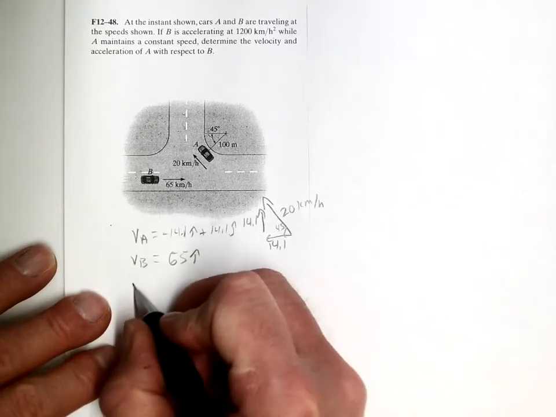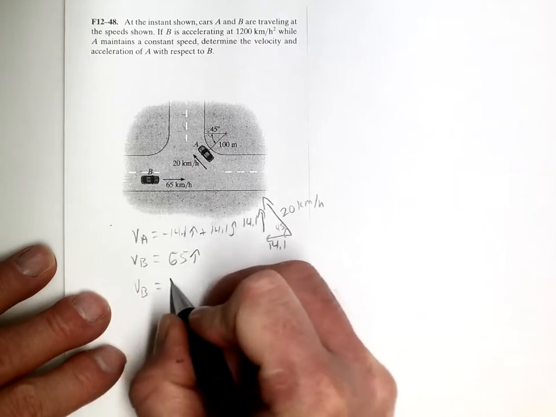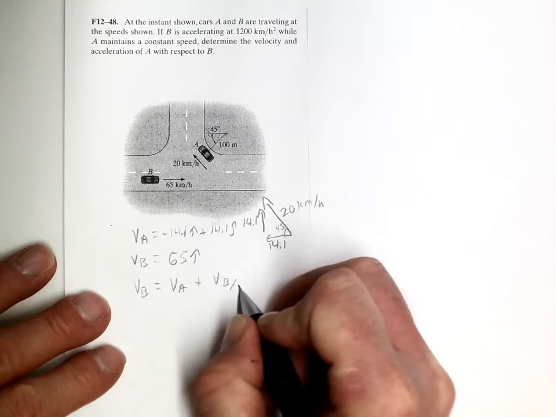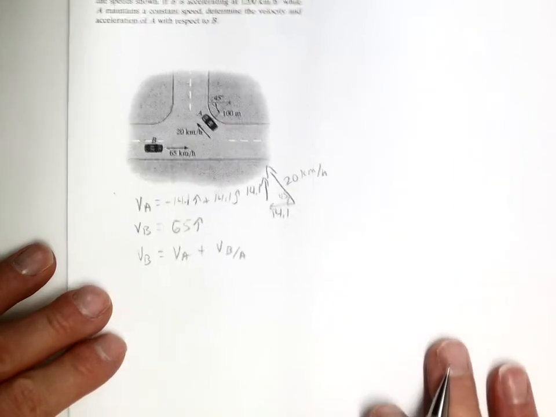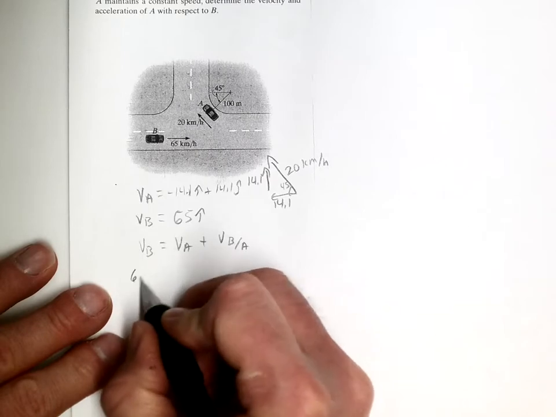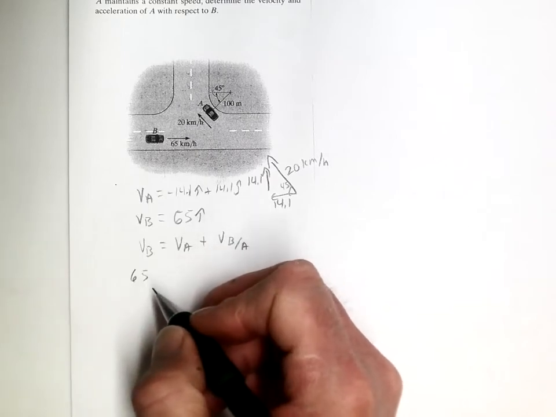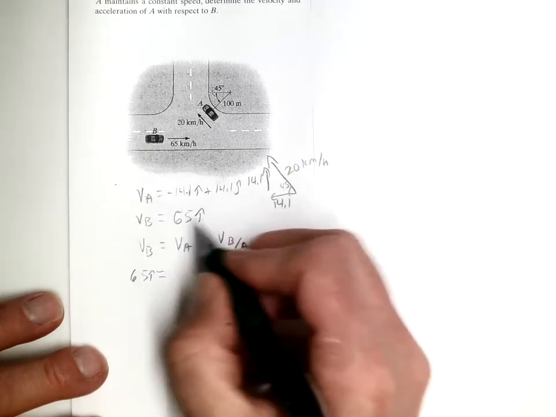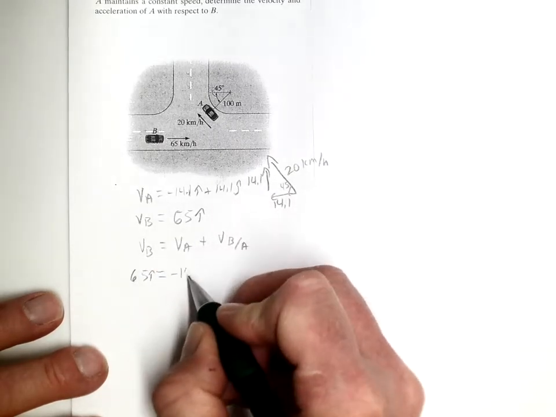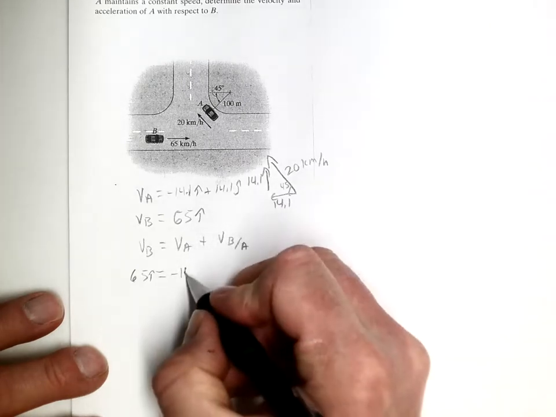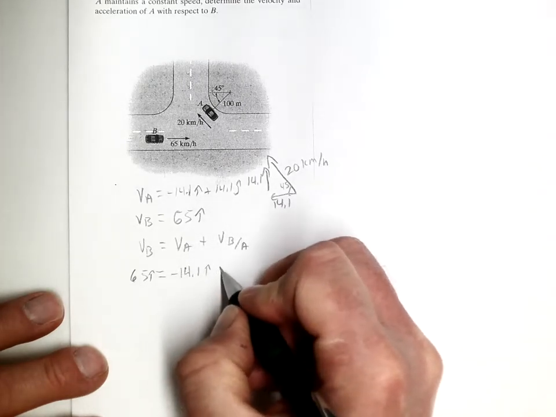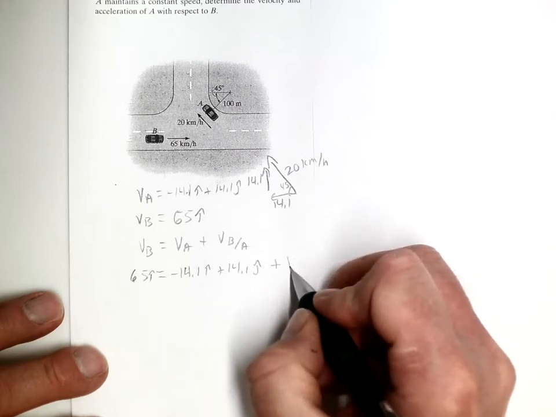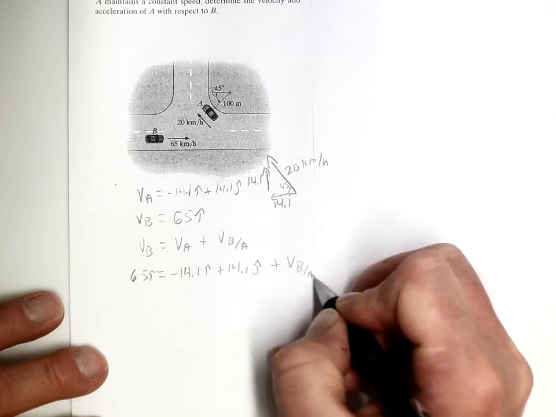So using the equation, VB equals VA plus VB with respect to A. B is 65 in the I. A is negative 14.1 in the I plus 14.1 in the J plus VBA.